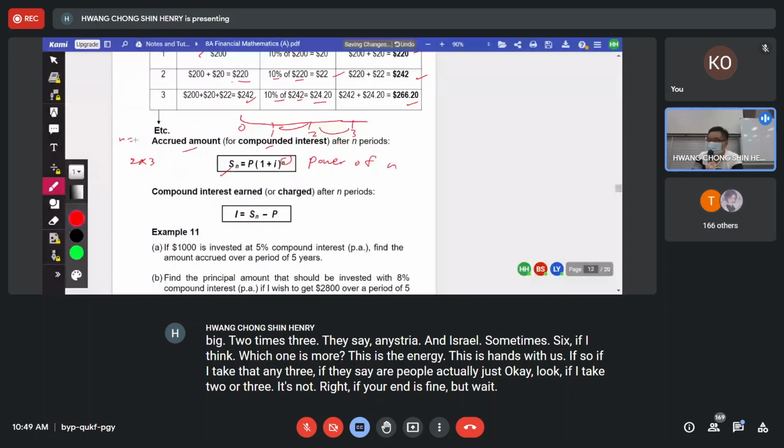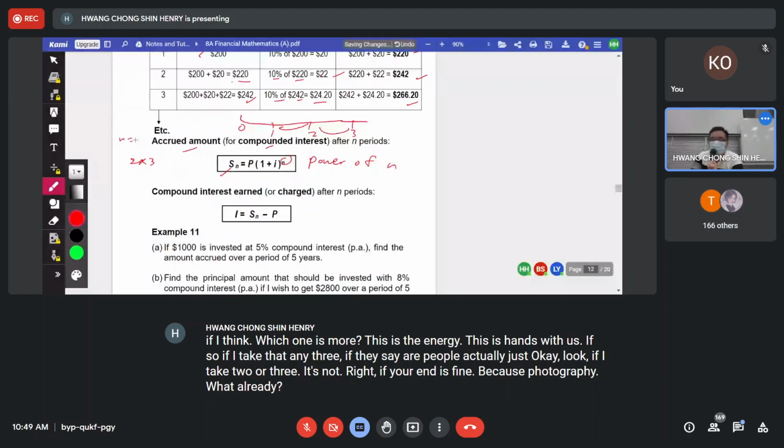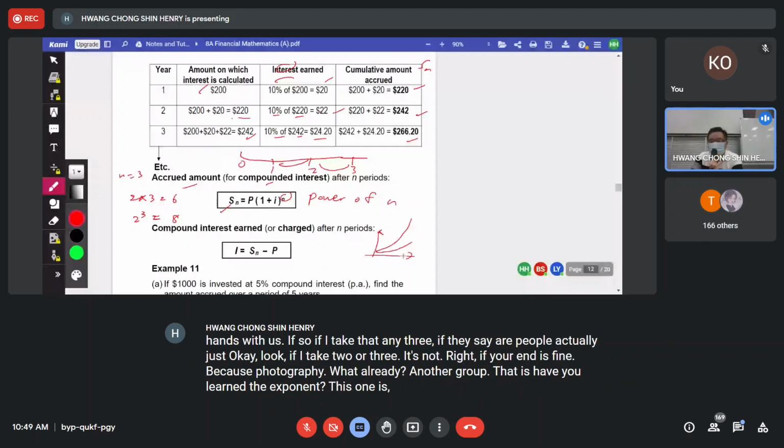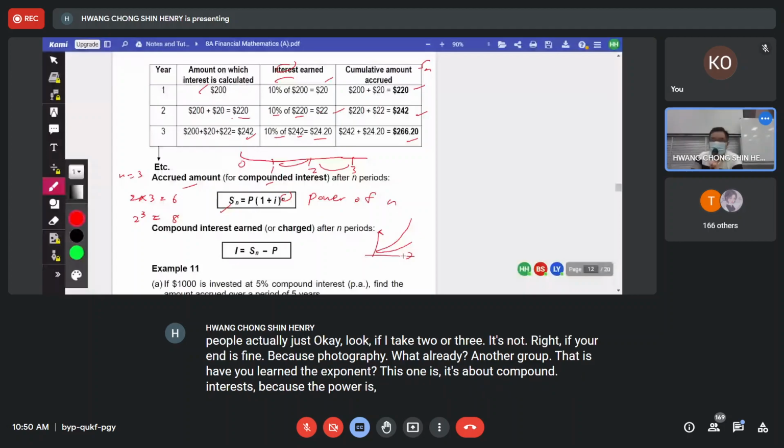Why? Because your graph is like that. One grows like this, another grows like this. Have you learned the exponential curve? This one is based on compound interest, because the power grows faster.